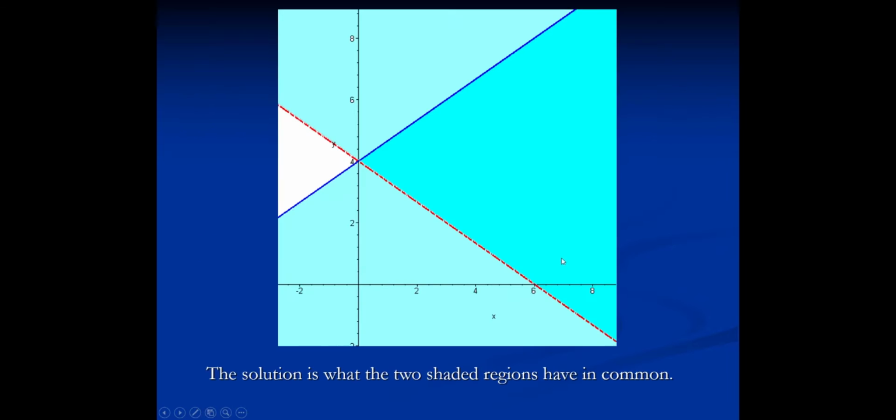We got the shade up here, shade down there, and then what the two of them have in common is this darker shade in there. So that little neater picture will be the graph of the system of, in effect, two inequalities, graphing what they have in common.